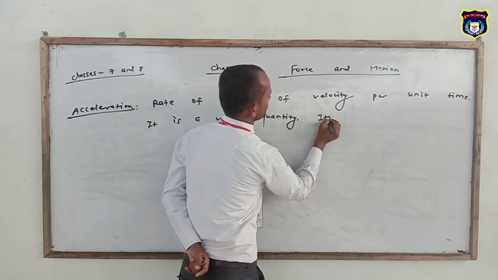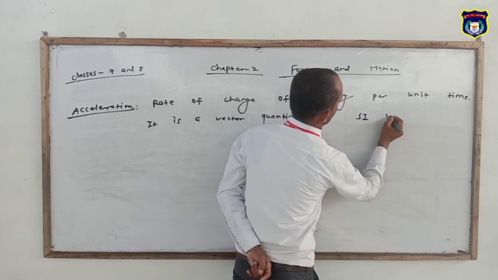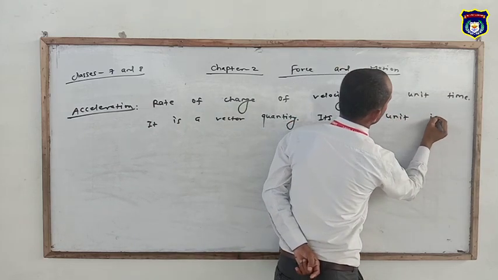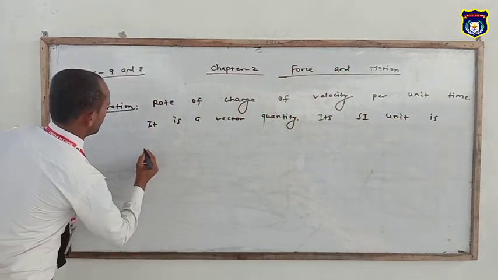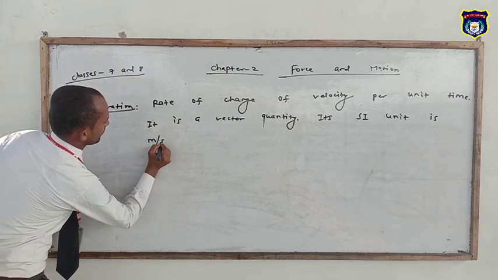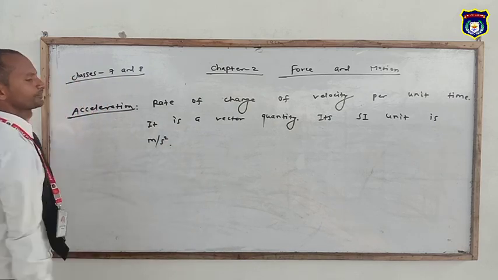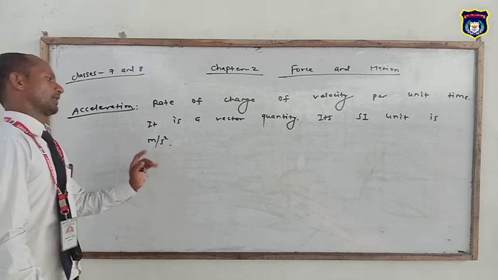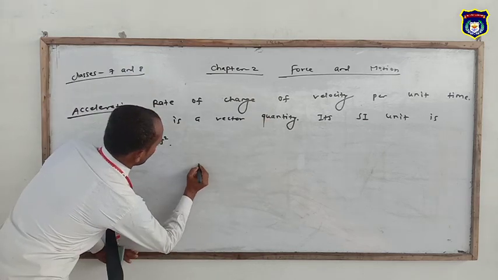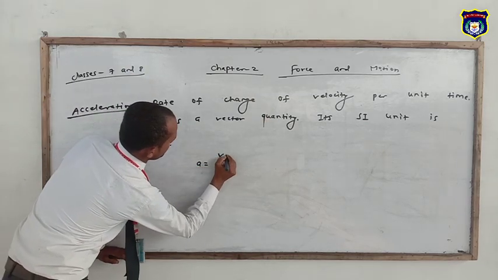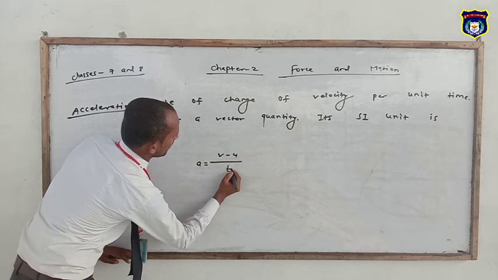Its SI unit is meter per second squared. And the formula for acceleration is a equals v minus u by t.